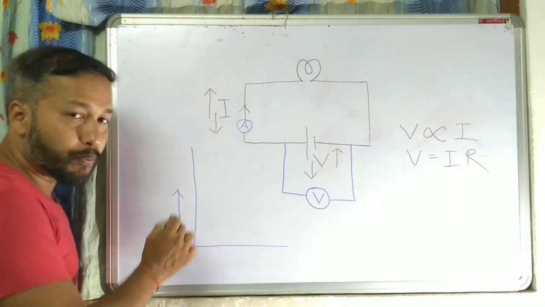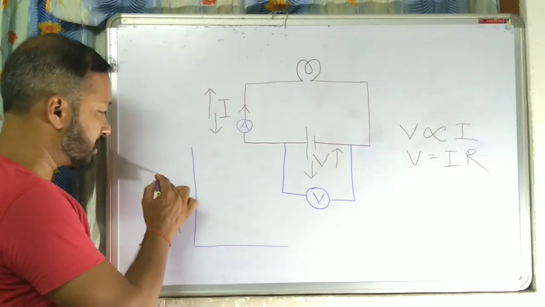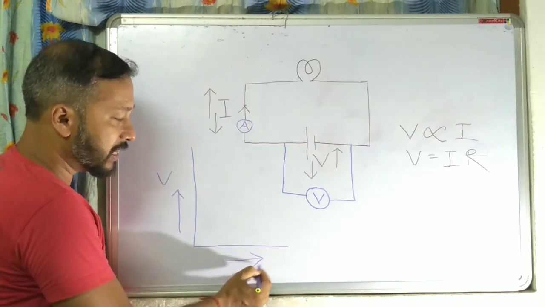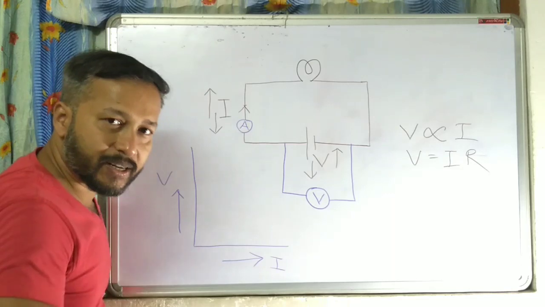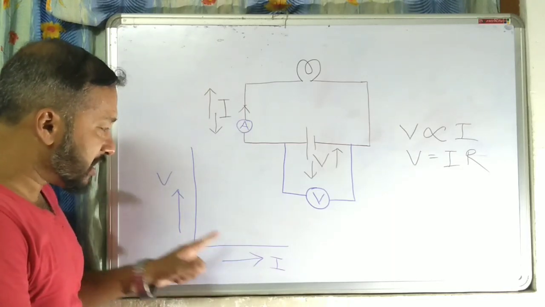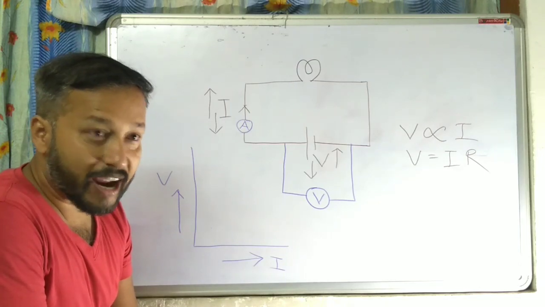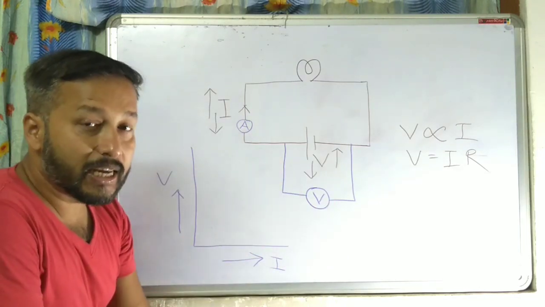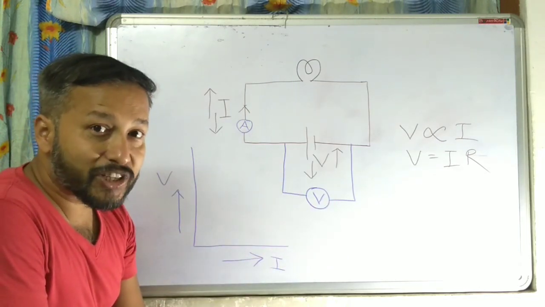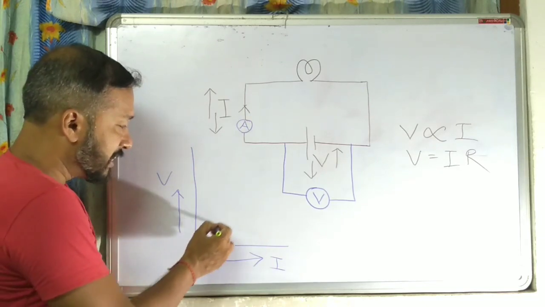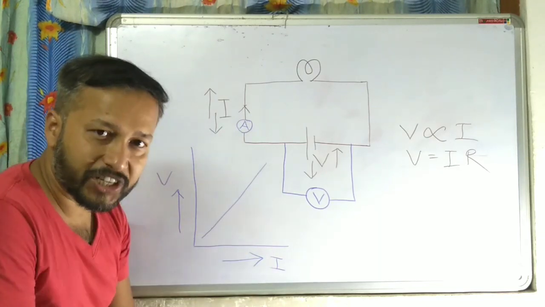Here I am going to plot potential difference, and here we are plotting current. If you plot the values, you will get a complete straight line. Yes, this is the straight line you will get.